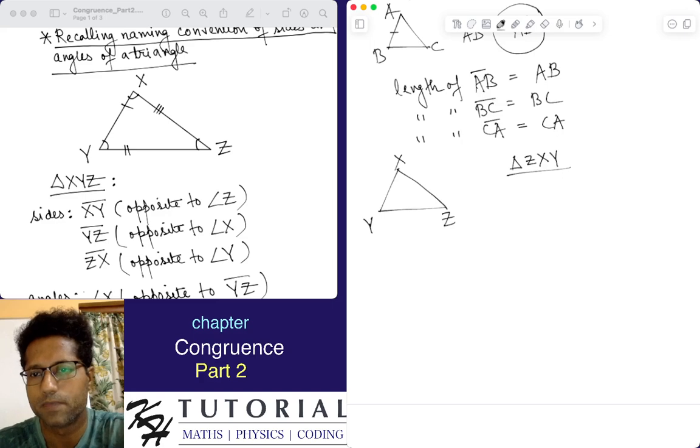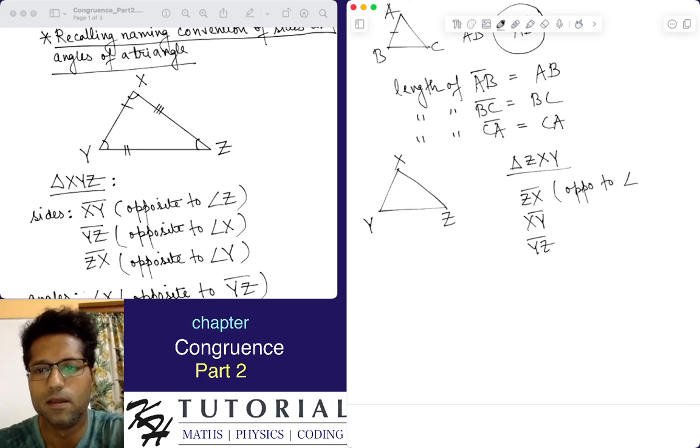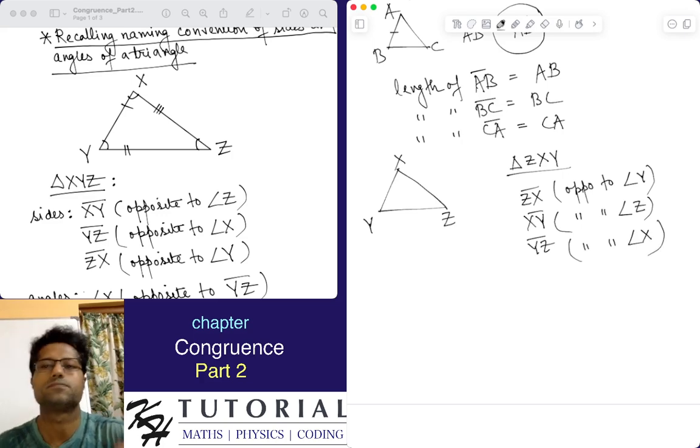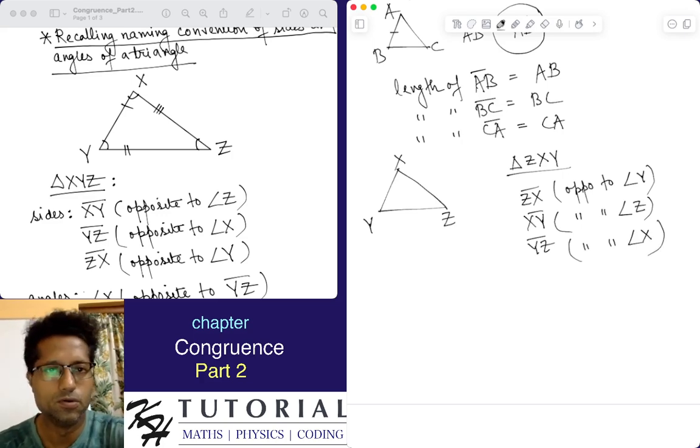Then the sides will be, taking the first two letters, ZX, then XY, then YZ. ZX will be opposite to angle Y, XY will be opposite to angle Z, and side YZ will be opposite to angle X. So I just wanted to give a brief recall regarding the naming convention of triangles, their sides and angles.